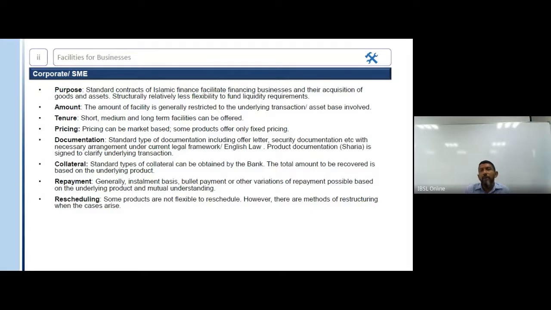You can't say all products can be rescheduled, neither can you say none of the products can be rescheduled. It depends on the product, and again we have to keep in mind the related pricing. Those are some of the general considerations when we talk about pricing and facilities in Islamic finance.